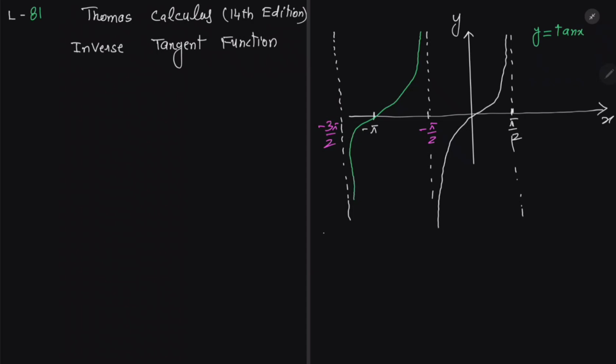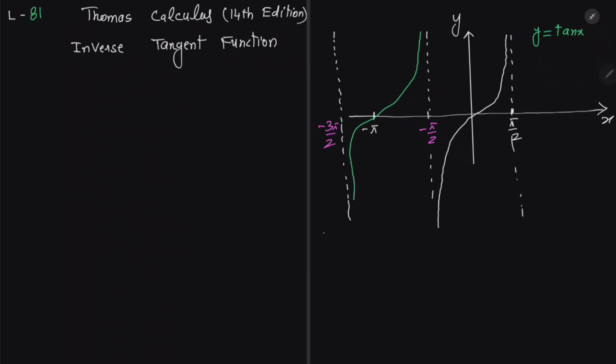First of all, we want to see whether this function satisfies the property of one-to-one functions, that is, the horizontal line test. I already plotted this function over here, and you can see that this is a very weird function.